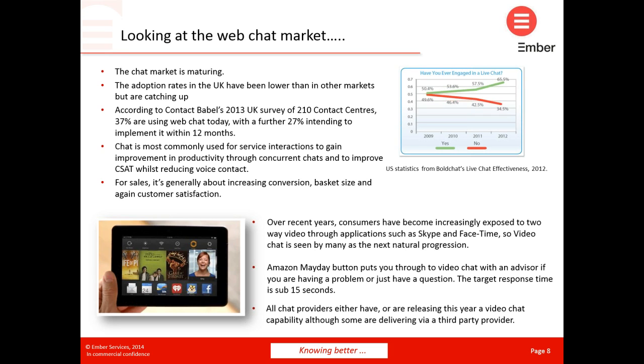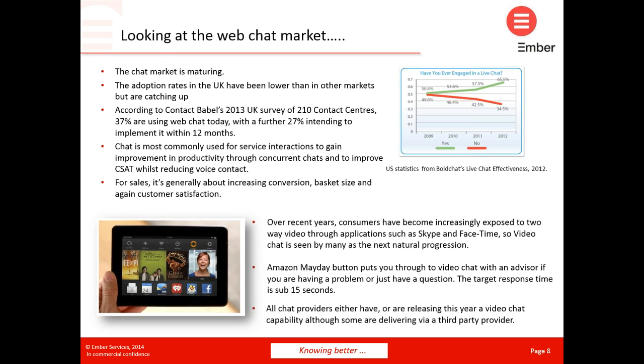I think it's interesting that all of the chat providers are actively pursuing or releasing video chat functionality into their product suite over the next 12 months. I think we'll see a real influx of video chat capability coming on stream, and that's largely in response to shifting market demand.